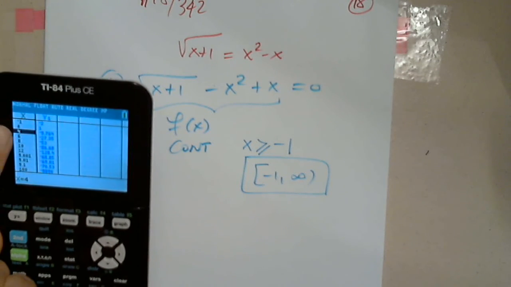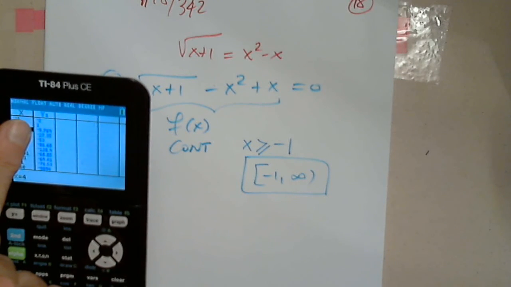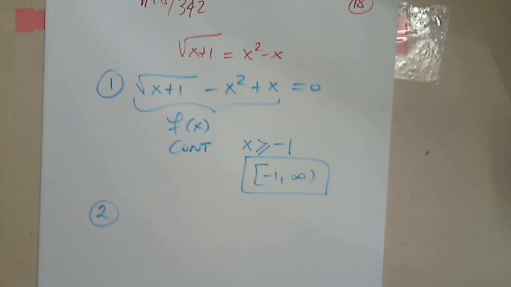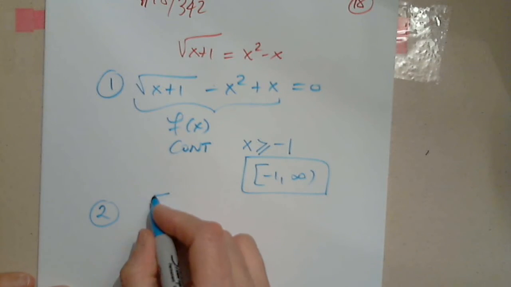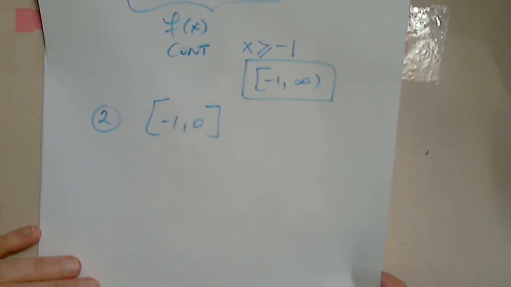There is a solution between -1 and 0. Because at -1 the function is negative and at 0 the function is positive. That's all I needed. By the intermediate value theorem, between -1 and 0, this is all I need.